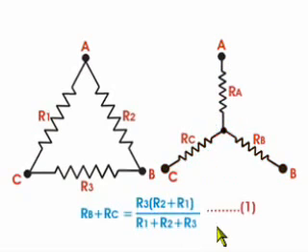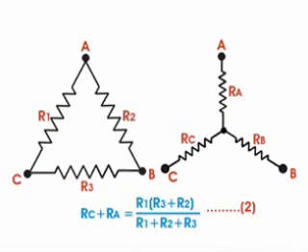Since the two systems are identical, resistances measured between points B and C in both of the systems must be equal. So, Rb plus Rc is equal to R3 into (R2 plus R1) divided by (R1 plus R2 plus R3), and say this is equation 1.